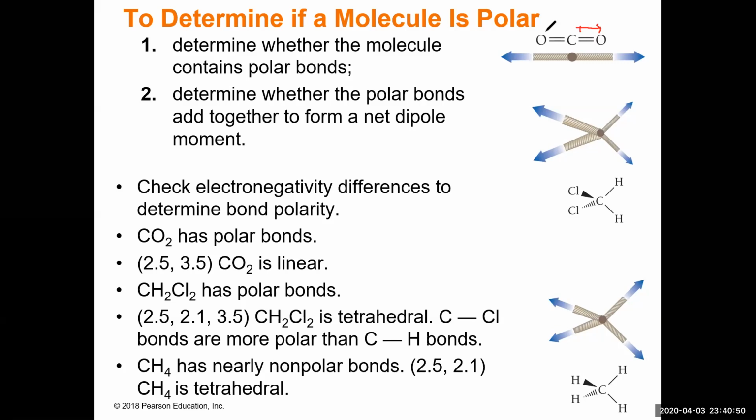Similarly for the other C double bond O bond, we have an electronegativity difference of greater than 0.4, and oxygen is more electronegative, which is shown by these arrows that are drawn here as well.